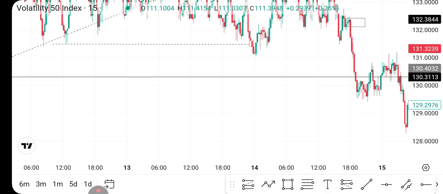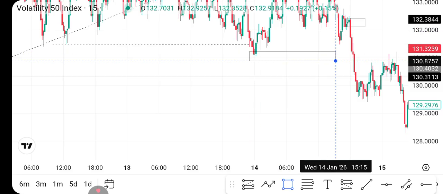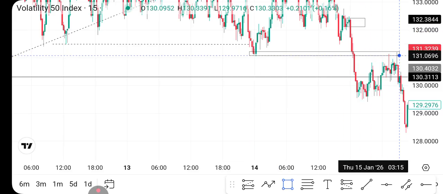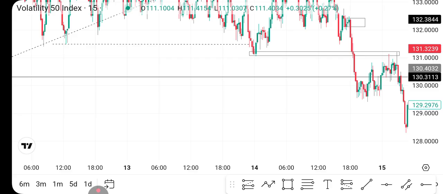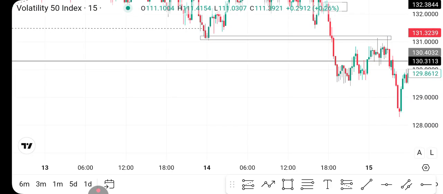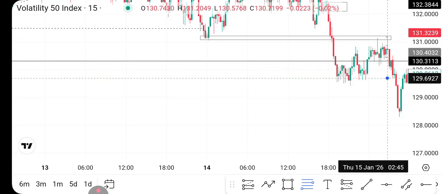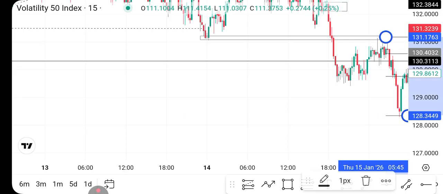Oh, the market didn't, but it did. I think it did trigger this breaker here. So it used this breaker and then started running, which is not bad. So our next entry is here, from here, 70%. This is our break of structure here.